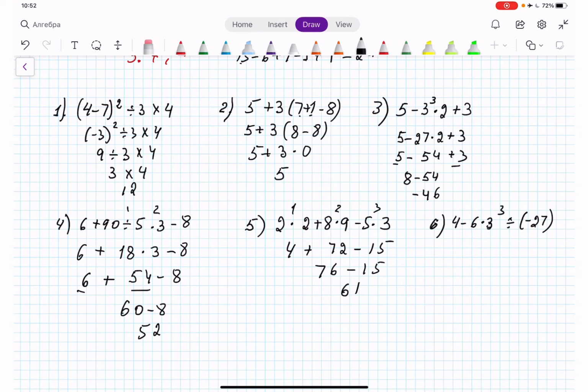Here we have negative 27 in parentheses, but this is not the parentheses for order. It's because of the negative sign, so we won't have two operations next to each other, division and subtraction. That's why we put negative 27 in parentheses, that's all.